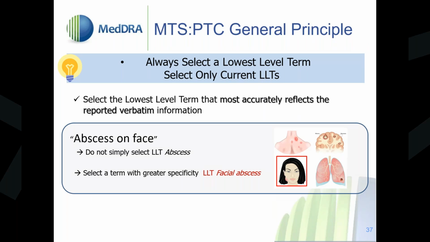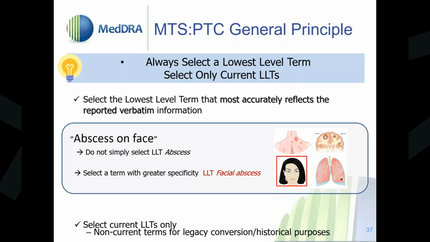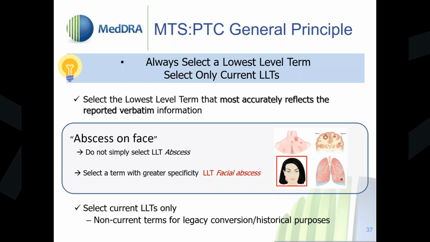So if you put abscess and face as full words, you're not going to find anything. But if you put the root of the word, if you just put FAC instead of face, you're going to find the facial abscess. And of course, don't select any LLTs that are non-current in MedDRA. They are only there for historical purposes.